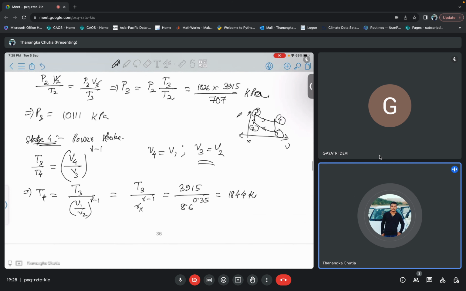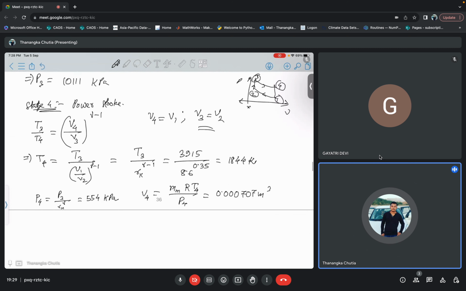Okay, similarly P4 will be equal to P3 divided by rk to the power gamma. So you will get this as 554 kilopascal, and V4 we will get as m R T4 upon P4. Put these values and you will get 0.000707 meter cube. This is just a justification that V1 is equal to V4, because we will always get the same values. Now the work of the power stroke, that is the work of expansion, W3-4.